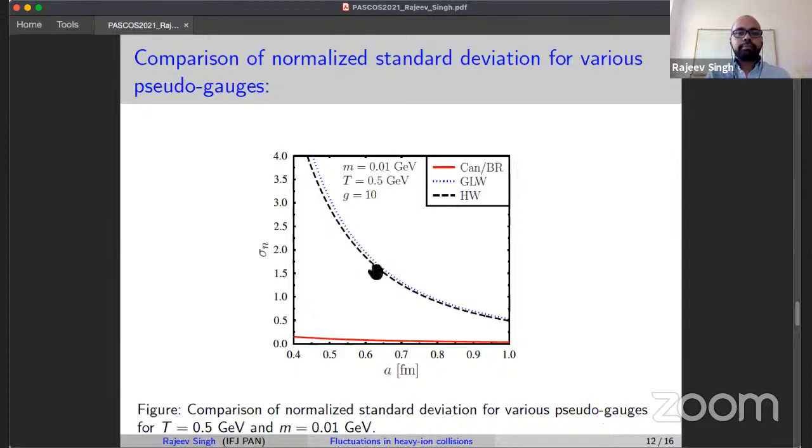And here is the plot for a particular value of m, a particular value of t, and g is 10. This plot is shown to understand what will happen to the quantum fluctuations if the mass of the particle is very small. Especially for the canonical T mu, or the Belinfante-Rosenfeld T mu, the quantum fluctuation drops to a very negligible value.